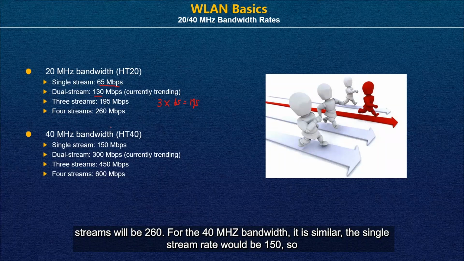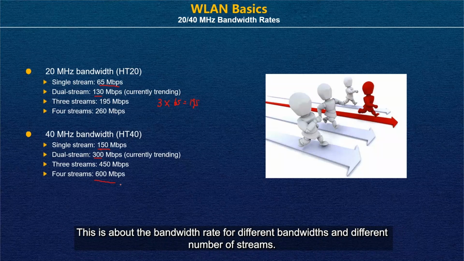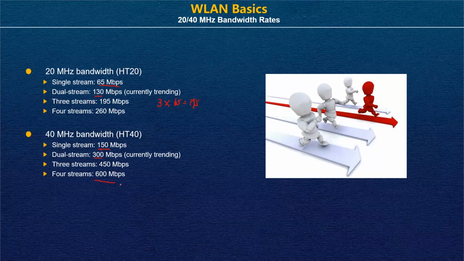The 40 megahertz bandwidth is similar. The single stream rate would be 150, so the dual stream would be 300. 3 streams would be 450, and 4 streams would be 600 Mbps. Okay, this is about the rate for different bandwidths and different numbers of streams.